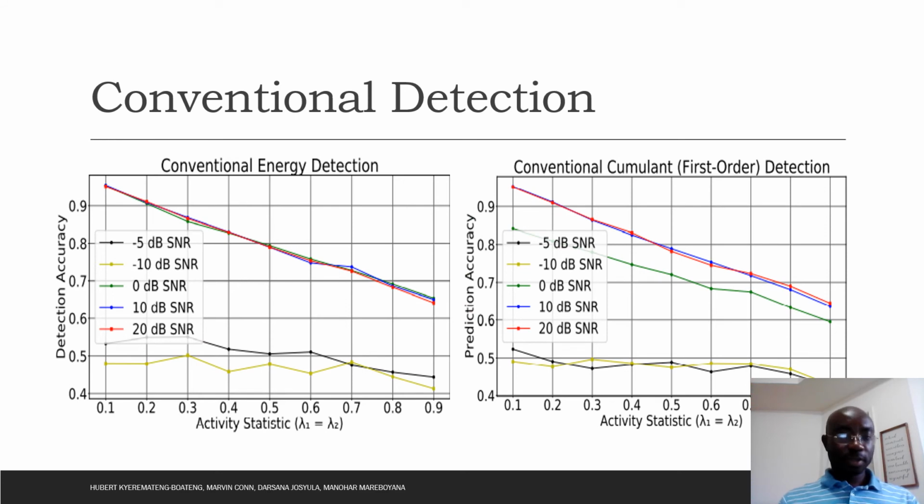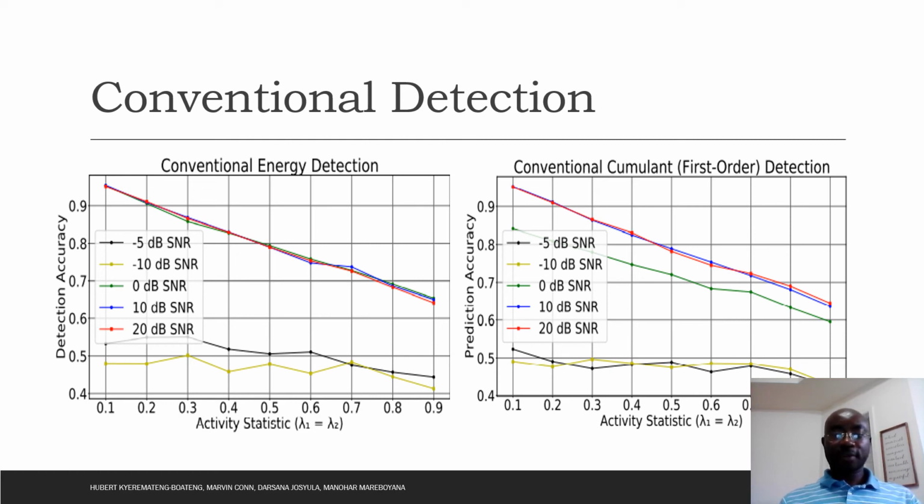Conventional detection results. For both energy and cumulant, the conventional energy detection showed that for SNRs of 0, 10, and 20, the accuracy starts off at approximately 0.9 and then degrades as the activity statistic increases. But it also showed that for SNRs of -5 and 10, the accuracy doesn't perform very well.